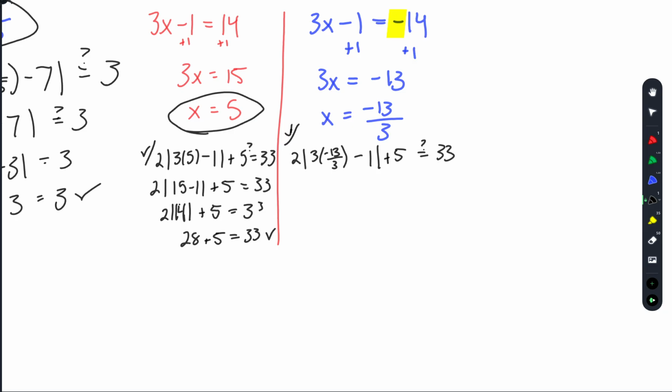Okay, so 5 works. This one, okay. 3 times that thing. Well, the 3's cancel, so that's not the worst. So this is -13 minus 1. Does that equal 33? And then I get 2 absolute value of negative 14. Oh, this should work, right? Yep.